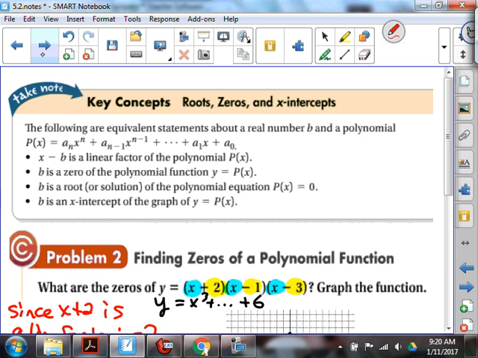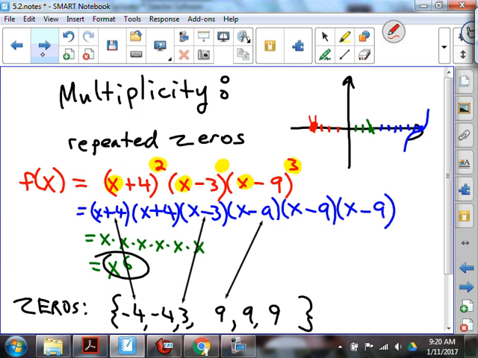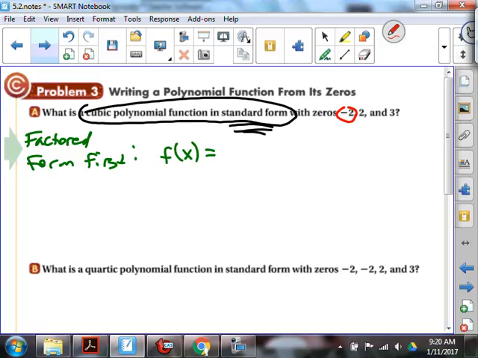If q is a root, then x minus q is a factor. So if negative 2 is a root, then what's a factor? X plus 2. There we go. And we've got that 2 is also a root. So what does that mean a factor is? X minus 2. And then 3 is a root. So what's a factor? X minus 3. How are we doing?